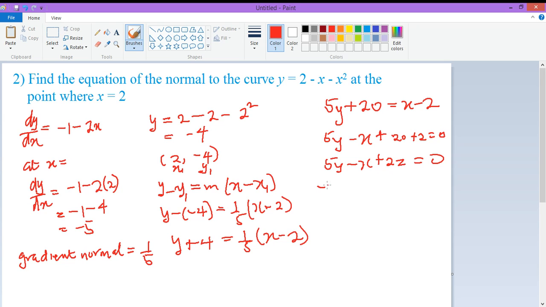Rearranging, we have minus x plus 5y plus 22 is equal to 0. So this is the equation of the normal at the point where s is equal to 2.